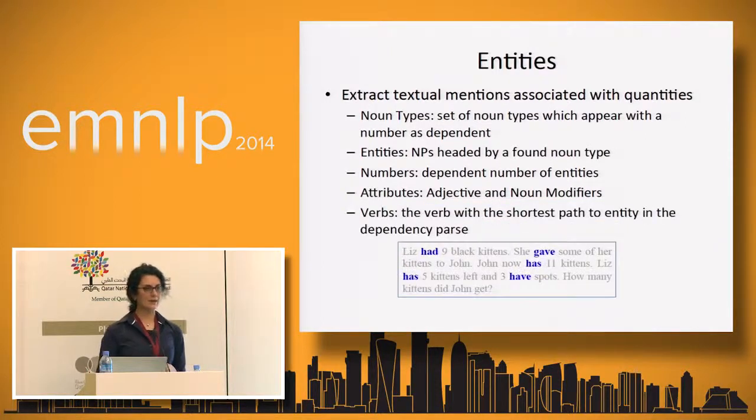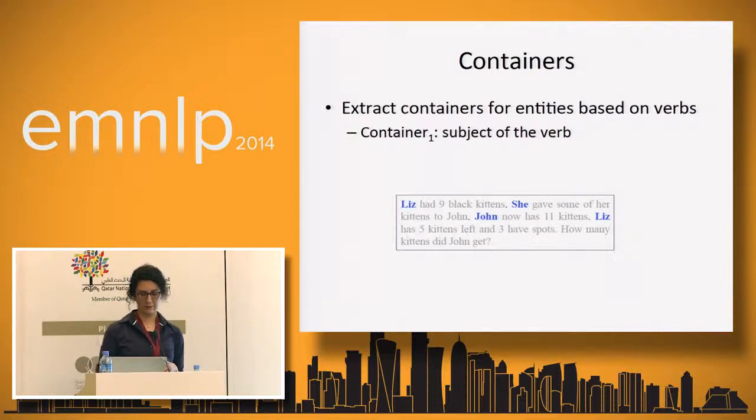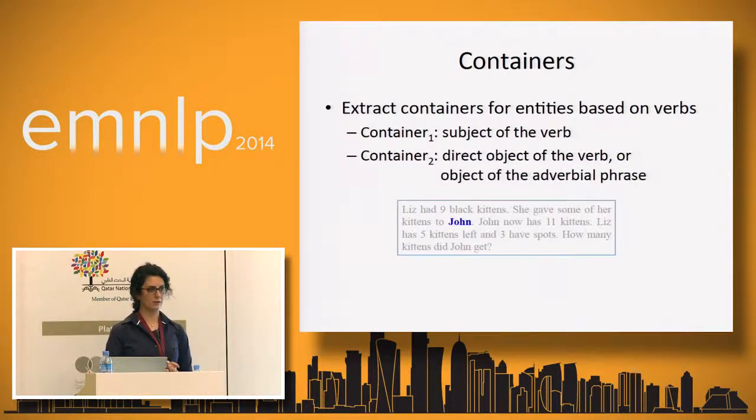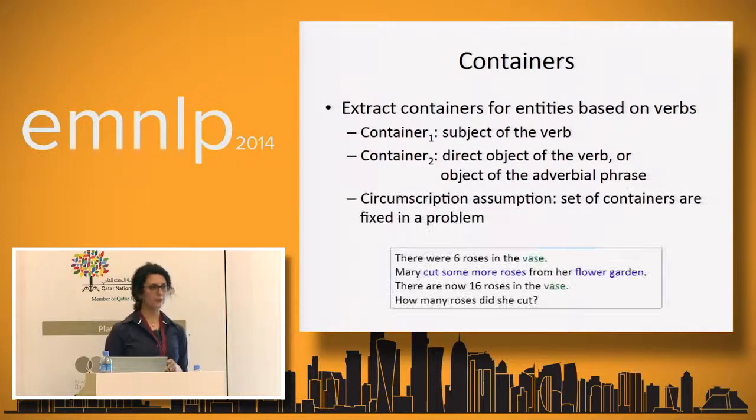We select the attributes as adjective or noun modifiers of these entities, and we also list their verbs. Then for every sentence fragment that we've come up with, we try to find one or two containers. The first container is the subject of the sentence, and the second container is either the direct object or an adverbial phrase.